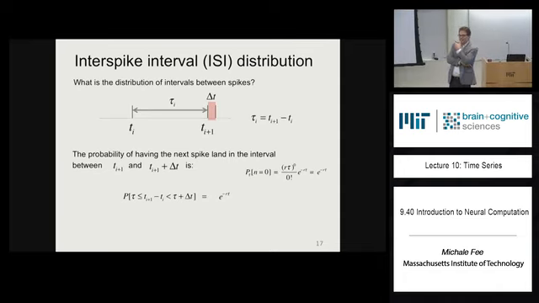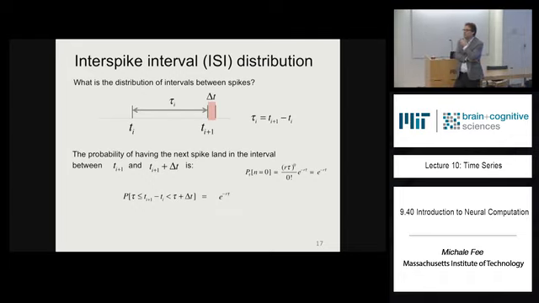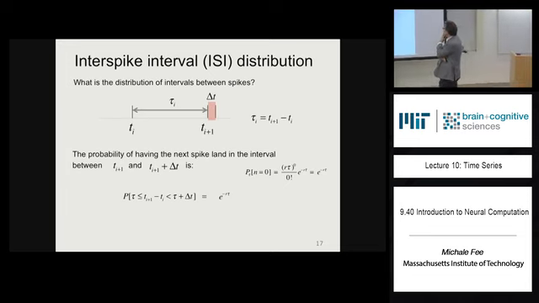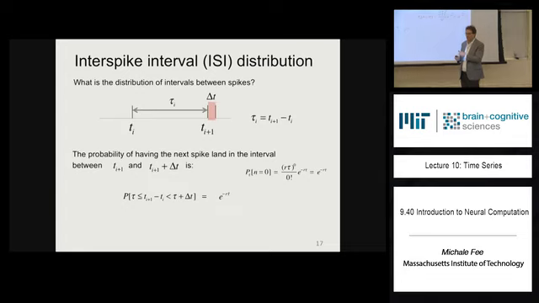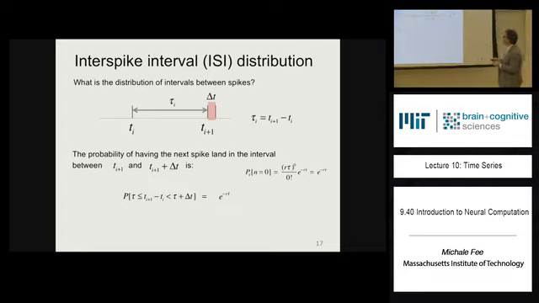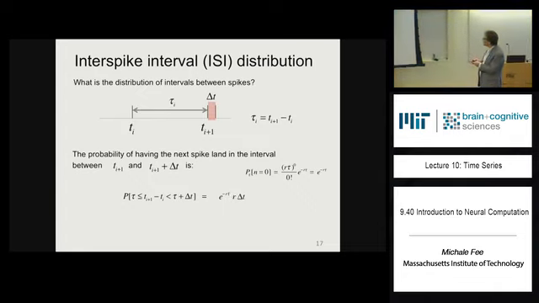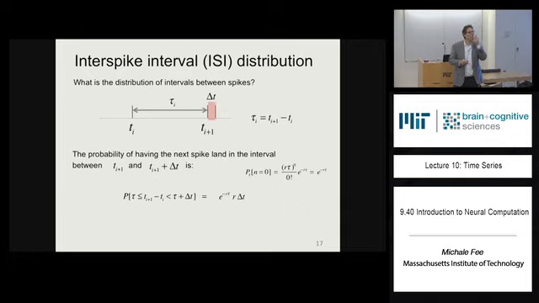Any thoughts? Yeah, you could do that, but we sort of derived the Poisson process by using the answer to this question already. R delta t. Good. So the probability of having a spike in that little window is just R delta t.